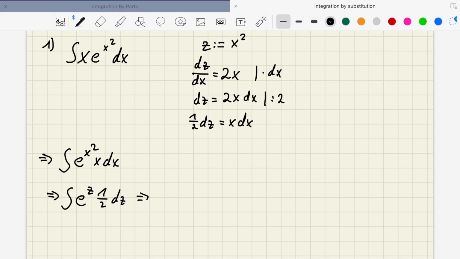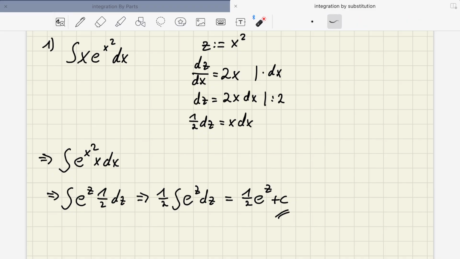Now we can simplify it: 1/2 times the integral of e to the power of z dz. We will see that this integral is very easy to solve because it comes out to 1/2 e to the power of z plus c. Obviously, this function is the antiderivative of 1/2 e to the power of z.